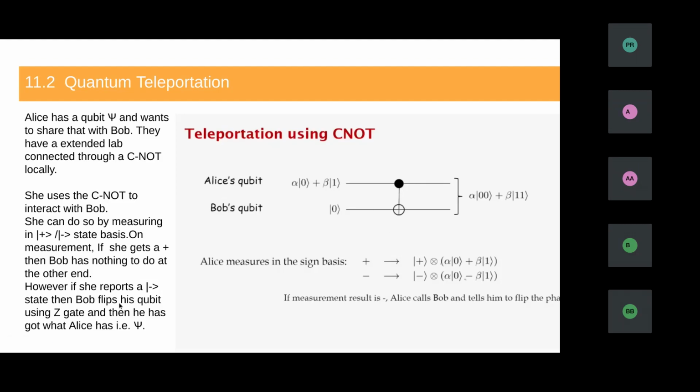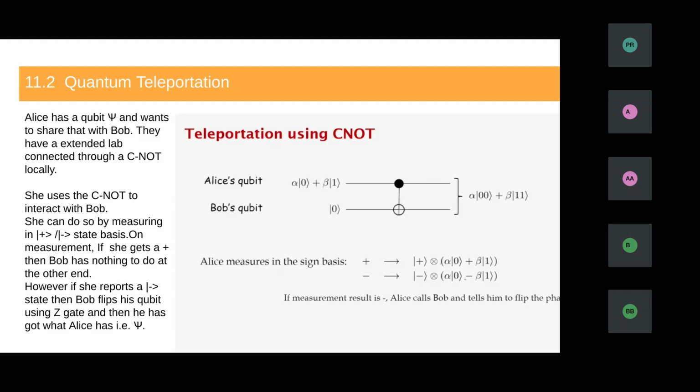But if she reports that it is a minus state, now plus and minus equal to what, that we have to see. Plus equals 1 by root 2 of alpha ket 0 plus beta ket 1. That we have done already.